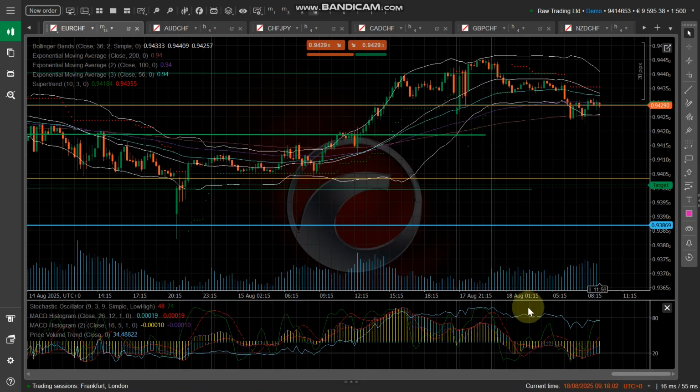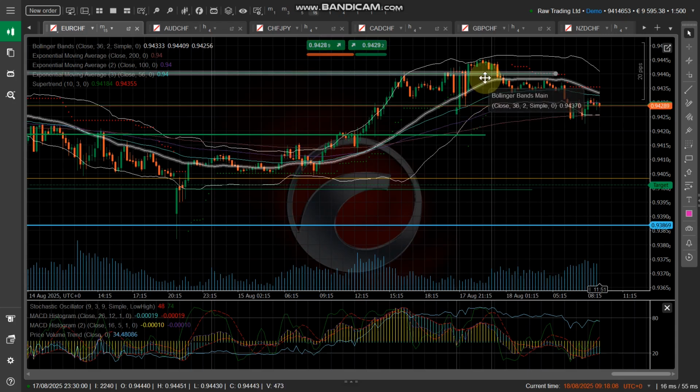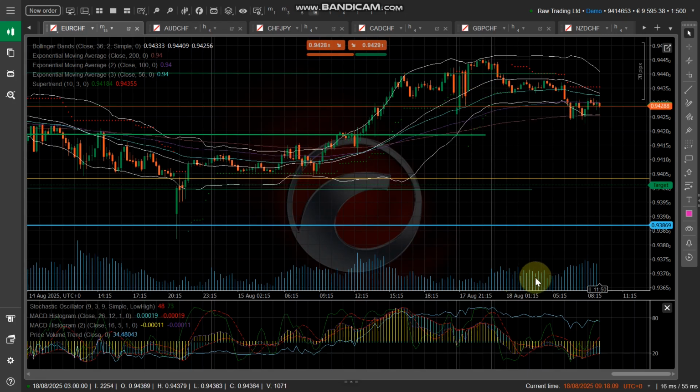Asian opened this today. Asian open volume a little bit more than market close, but last week Friday, that's the volume that bring the price up that big.